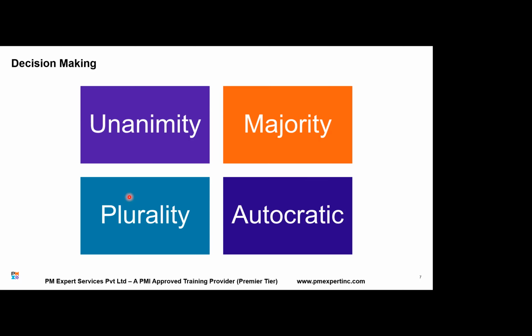Though we are not achieving majority, you still take a decision based on the group that has a larger number of votes. So are you getting the meaning of plurality? What is the difference between plurality and majority?